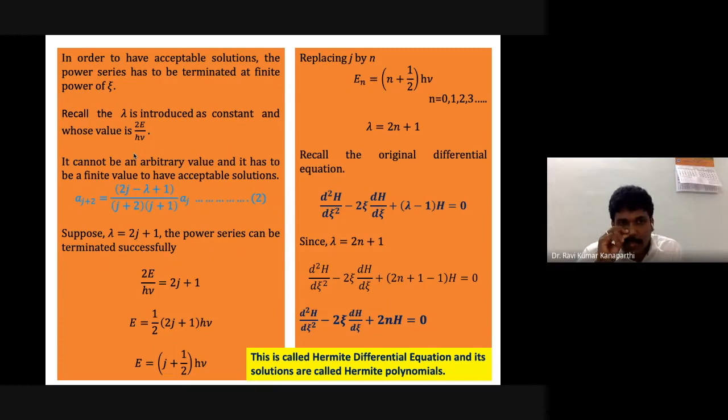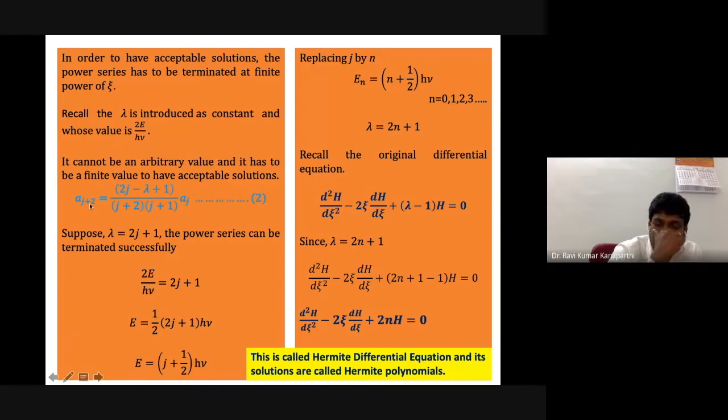How to terminate it? For example, you can see here, if lambda is exactly 2j plus 1, then you already have 2j plus 1 and a minus lambda, and if this lambda is also 2j plus 1, then what happens? The power series terminates right there. It doesn't go on.